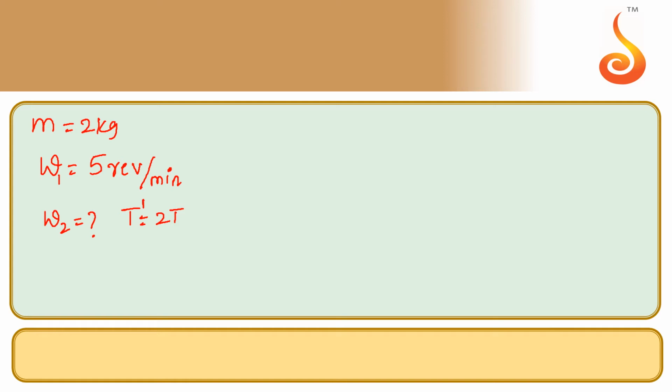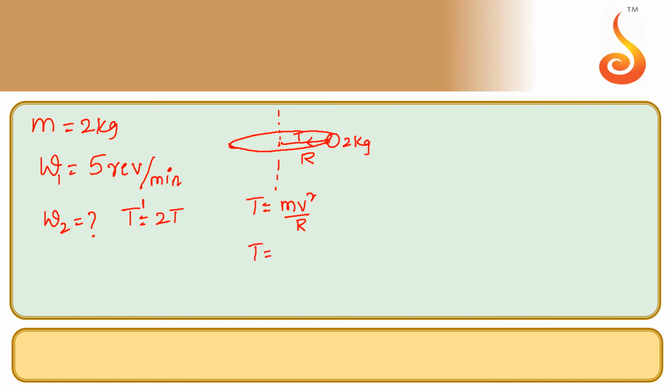Okay, so if the object is rotating in a circular path about a radius r, let the mass be 2 kg. Here tension will act as a centripetal force, so tension is equal to mv square by r, or v can be written as r omega.